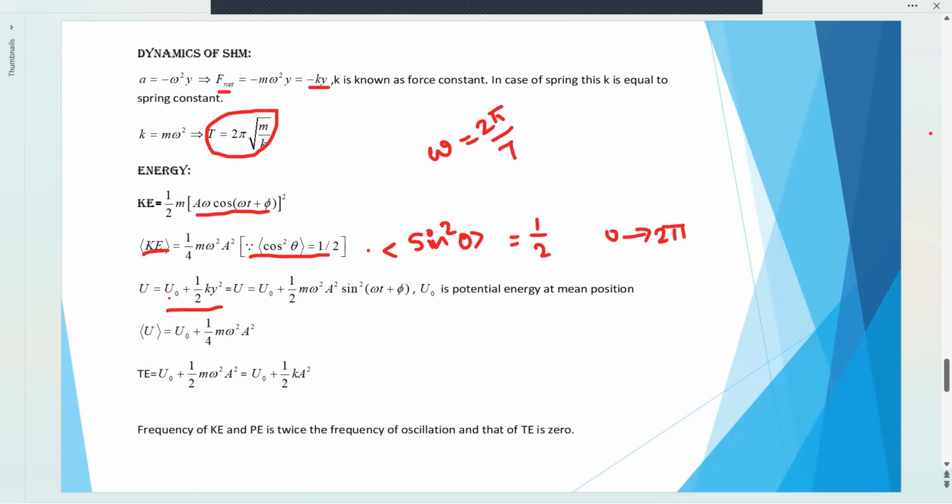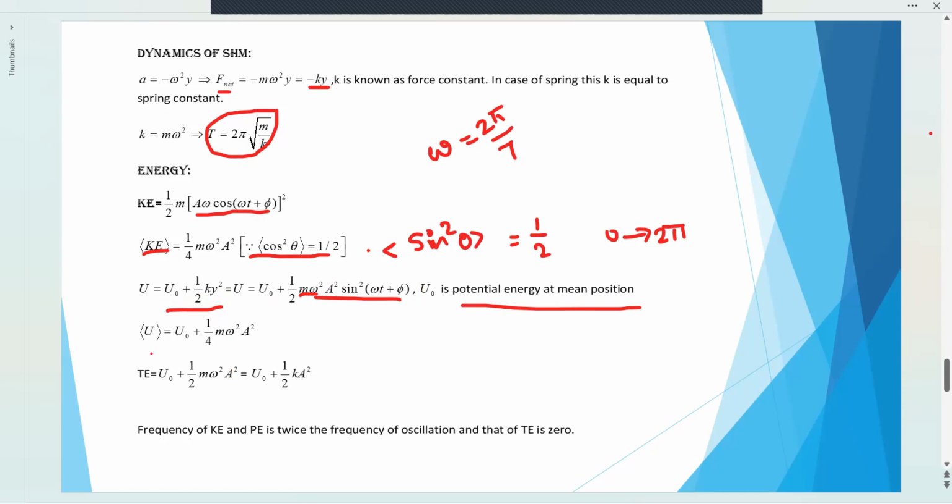So U naught, potential energy at mean position, plus half ky square. That is now potential energy U naught plus half, in the place of k, m omega square, y value a sin omega t. So y square, a square sin square omega t.